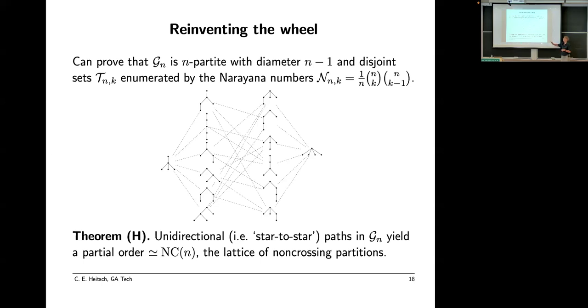And so if I think about just all of the paths from this tree to trees in here to any other tree, that then gives me an isomorphism with the lattice of non-crossing partitions.